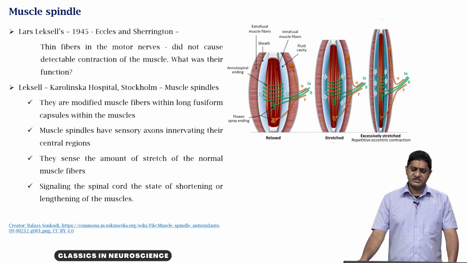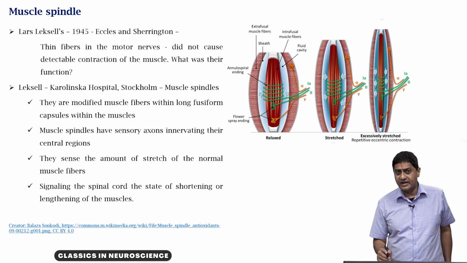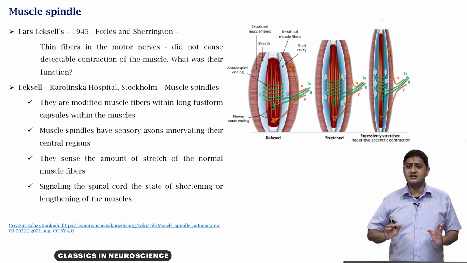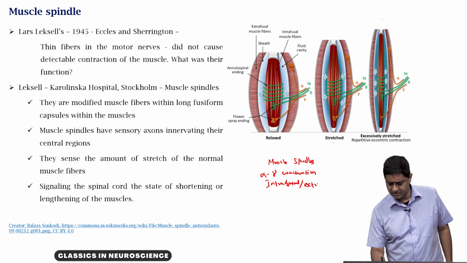Now, we will look at muscle spindles. I will refer you to my other course on neuroscience of human movements for detailed videos on the physiology of how the muscle spindle works. Alpha-gamma coactivation, that is also on those intrafusal, extrafusal fibers.